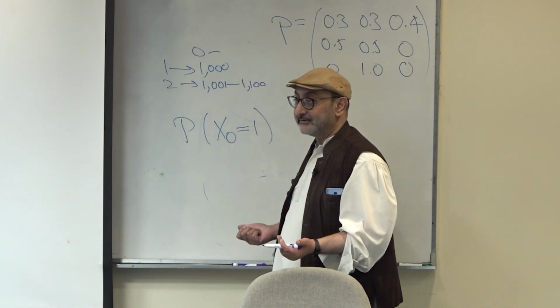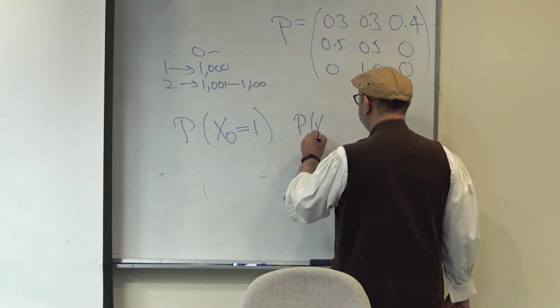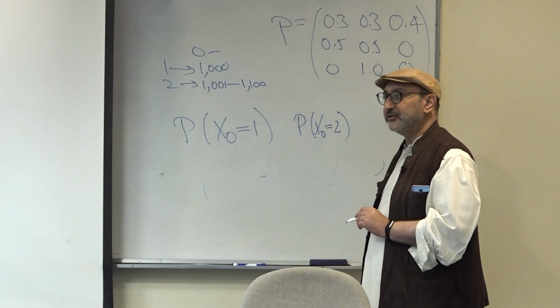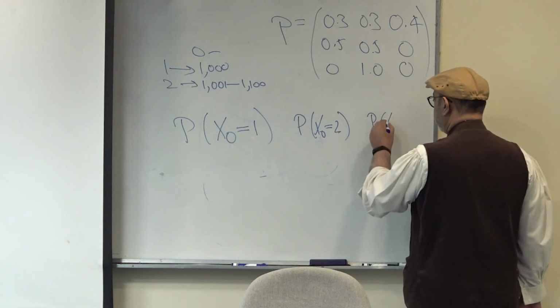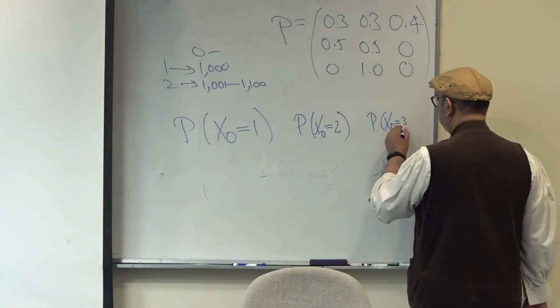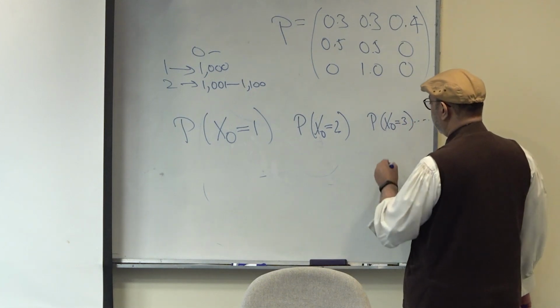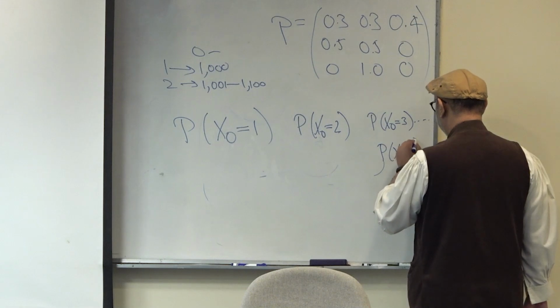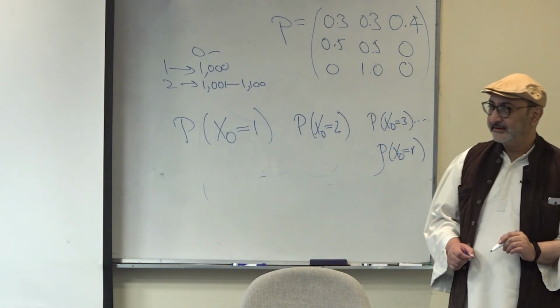Then I have the probability that I could be in state 2, some probability that I could be in state 3 initially, all the way up to state R initially.